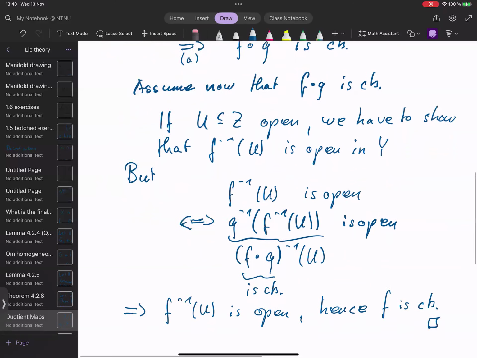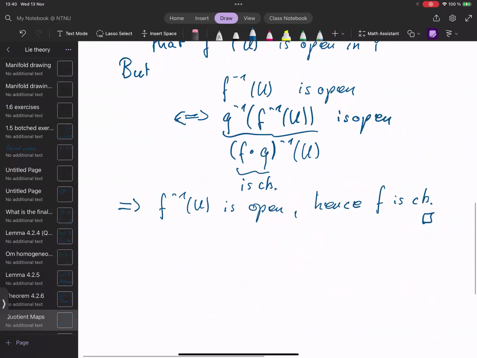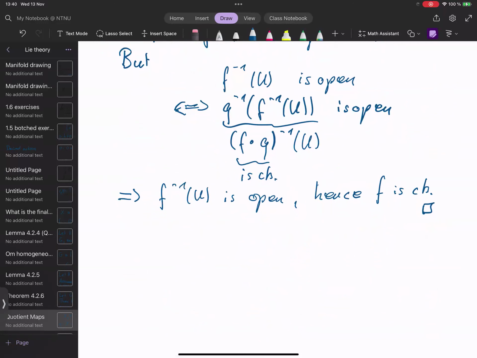Okay, and now what we will need later on is the following statement, which is known as Whitehead's Lemma. And this is a very curious statement.